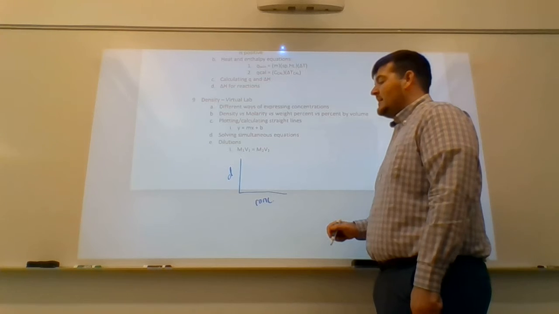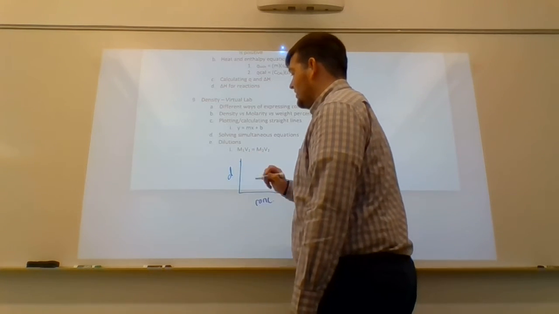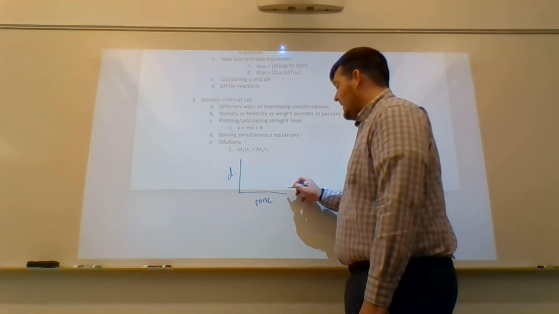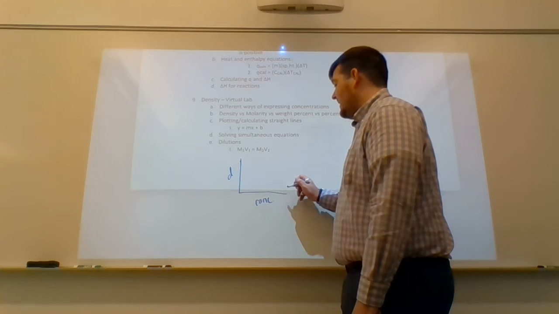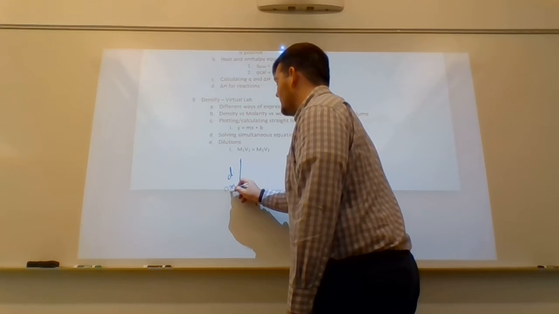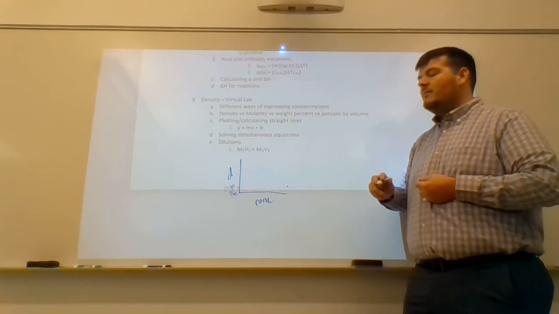If the concentration of alcohol is 0, well, the density is 1 because it's pure water. If the concentration of alcohol is 100%, then it would be down here, and pure alcohol is 0.789 grams per milliliter. You don't need to know this number. This is just me reminding you of what we did.